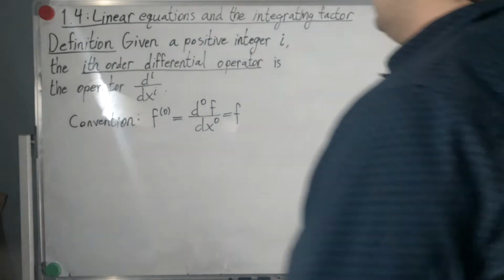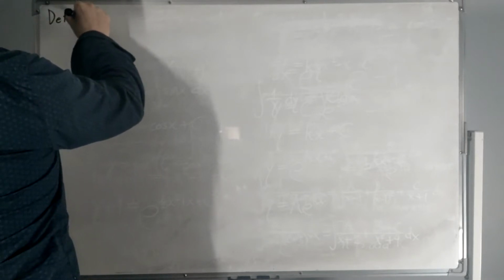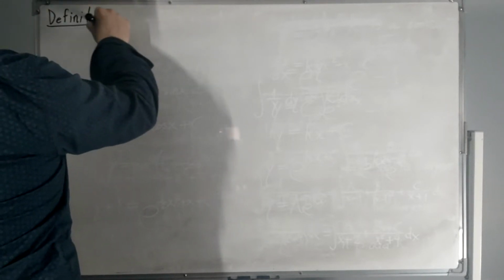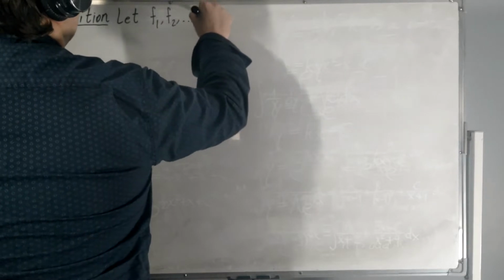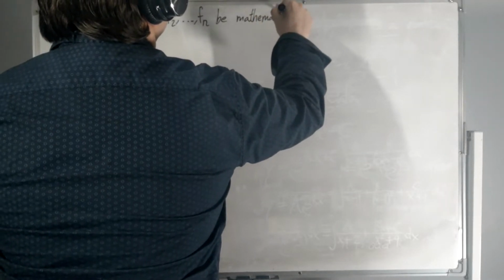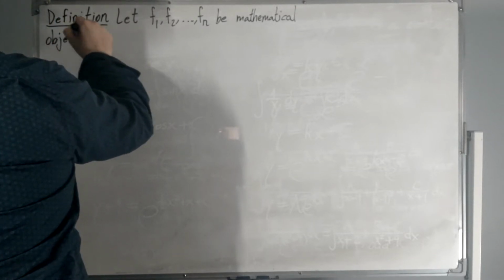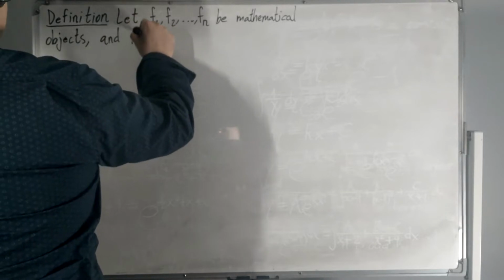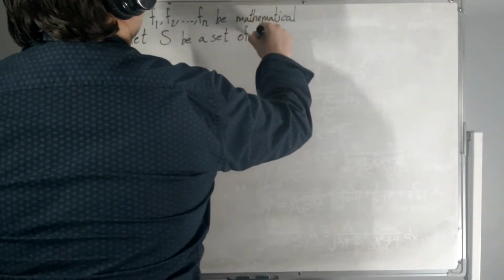Okay, so another definition. Let f1, f2, ..., fn be mathematical objects, and let S be a set of mathematical objects.